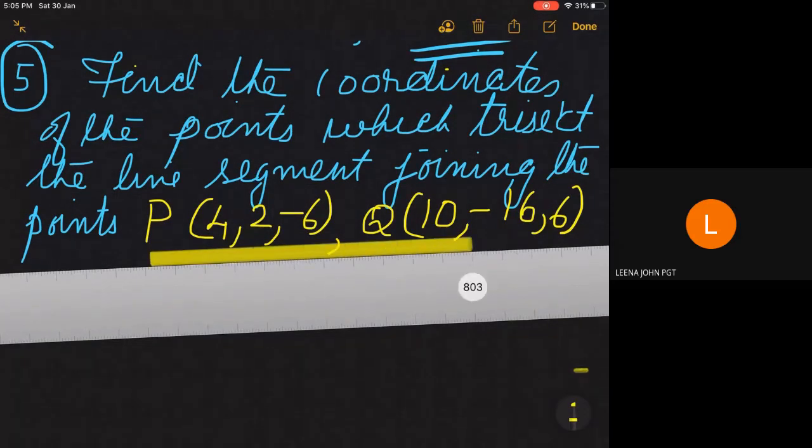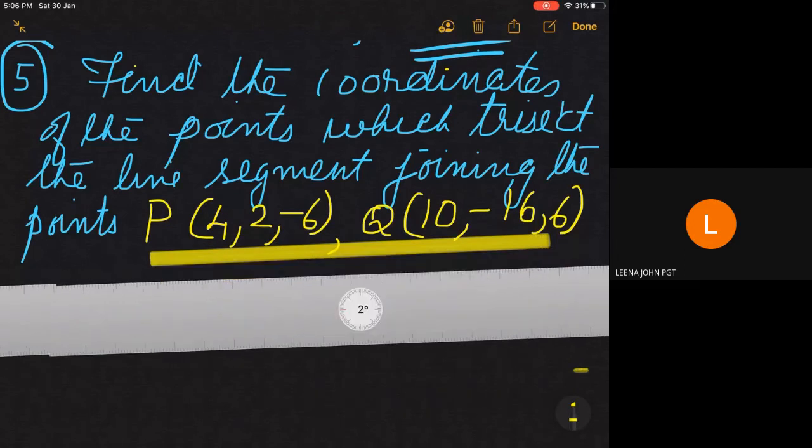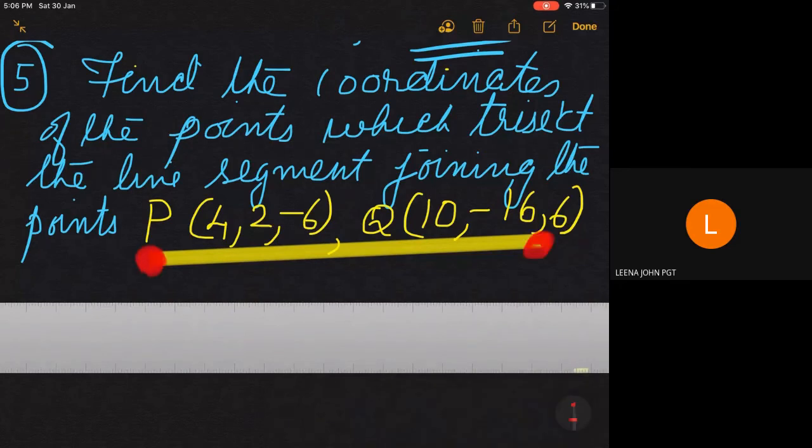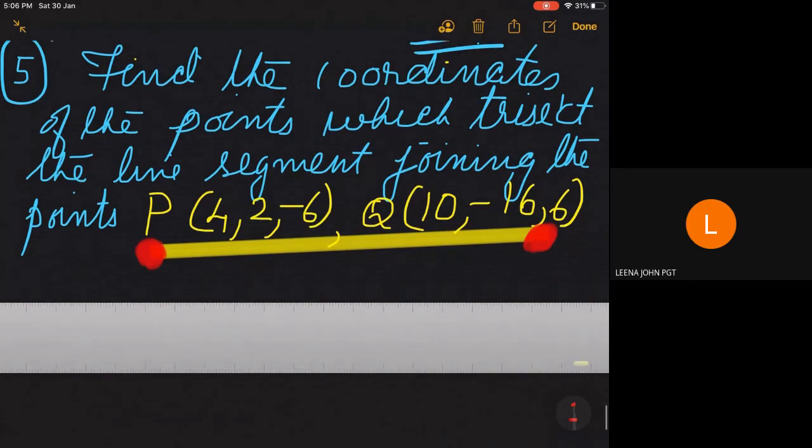Here is my line segment joining the 2 points, here is my P, here is my Q. Now we have to find out the coordinates of the points which trisect the line segment.